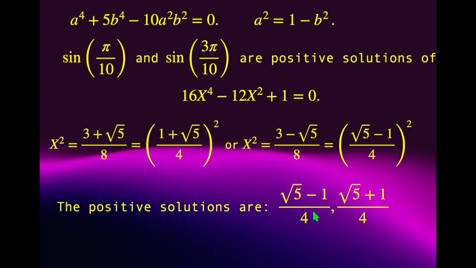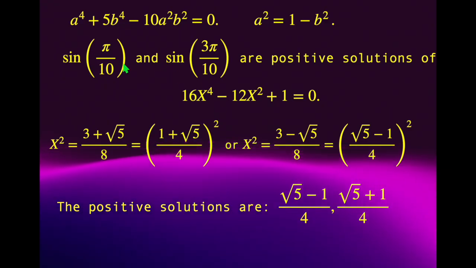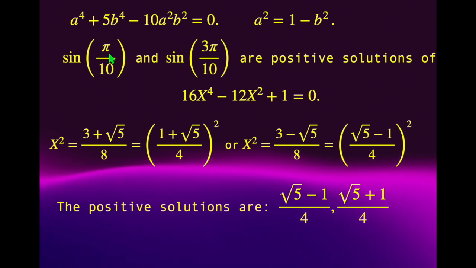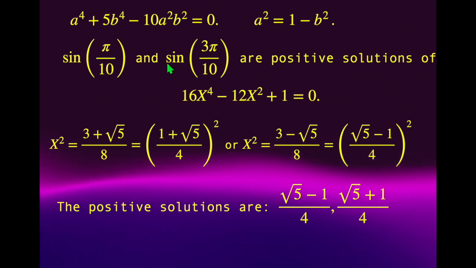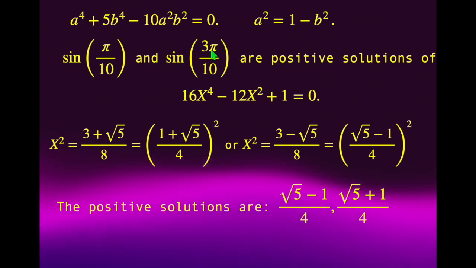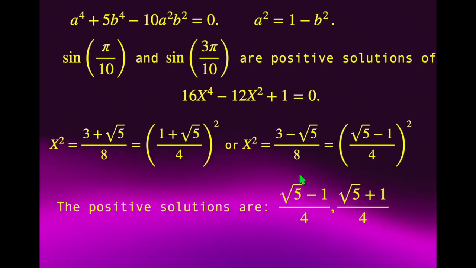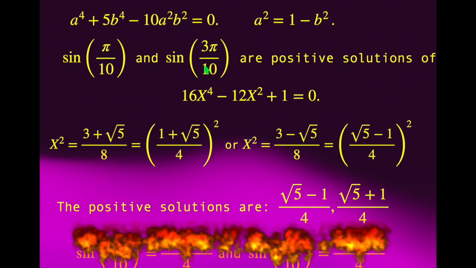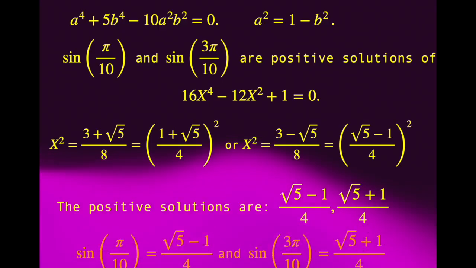Since sine pi over 10 is less than sine 3 pi over 10, we get that sine pi over 10 is this quantity, and sine 3 pi over 10 is the other, and we get what we are looking for.